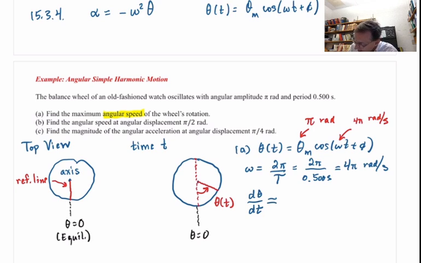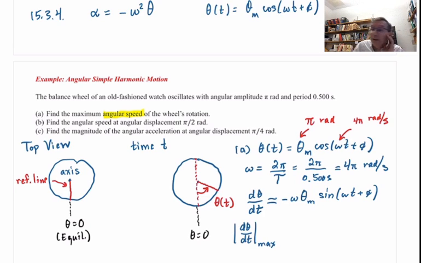For d theta dt, you get negative omega theta max sine of omega t plus phi. But they want the maximum angular speed. Speed, not angular velocity. So what they're really asking for is absolute value d theta dt maximum. Angular speed is magnitude of angular velocity, absolute value, and I want the biggest that can be.